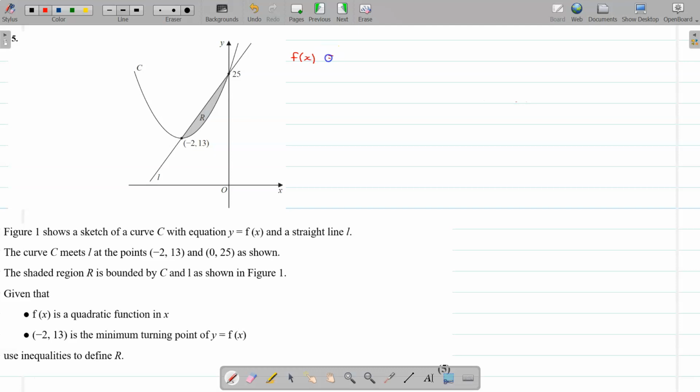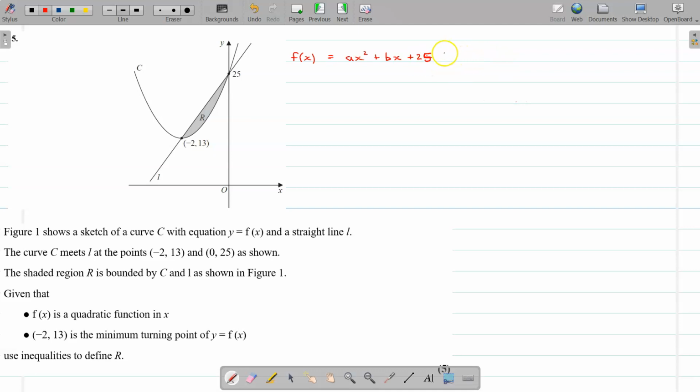But I don't have to put plus c, because I know that the plus c would be plus 25. So I can go straight to putting that value in. So there's now two unknowns, which are, of course, a and b. Okay, so that's the first thing I would do.